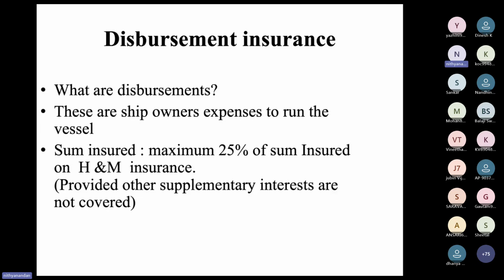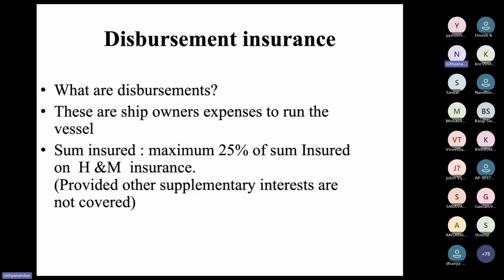Freight can be insured with the hull and machinery itself or can be taken separately. But the condition says these subsidiary interests put together, that is disbursement and freight put together, cannot be insured for more than 25% of the value of the hull and machinery policy. If the insured is taking only a disbursement policy, not a freight policy, then he can take 25% alone for disbursement.